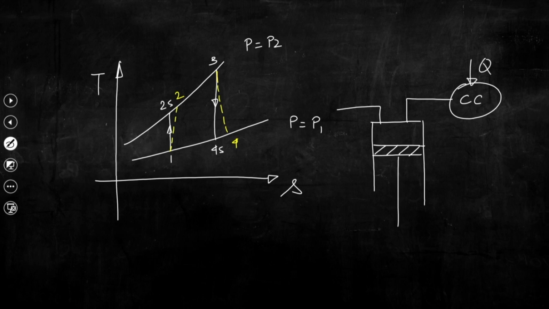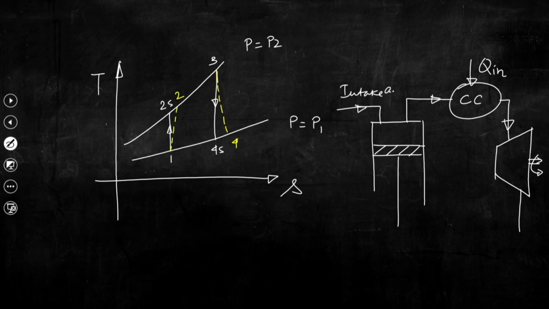We are supplying a certain amount of Q in and that is again taken to the turbine and finally discharged. So, now this is the gas turbine and CC stands for combustion chamber.